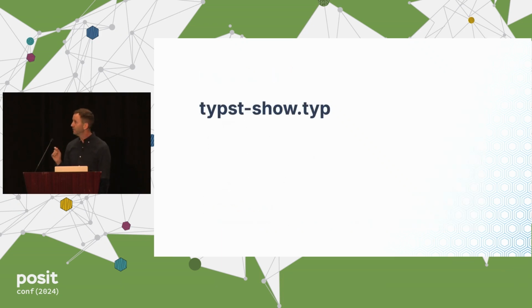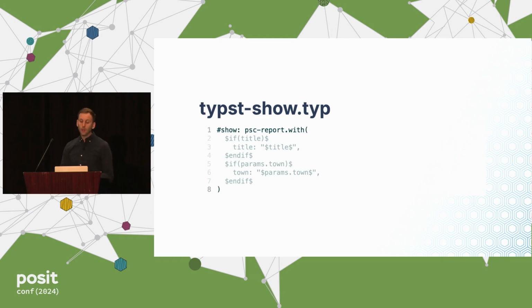So let's look at each of these files. The typst-show.typ file, again, is how we're getting variables from Quarto to Typst. So on the first line here, I'm creating a Typst function, psc-report. And within this function, I am going to pass the variables from Quarto into Typst.